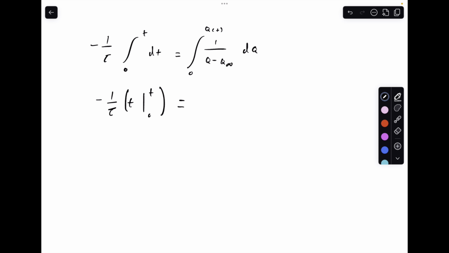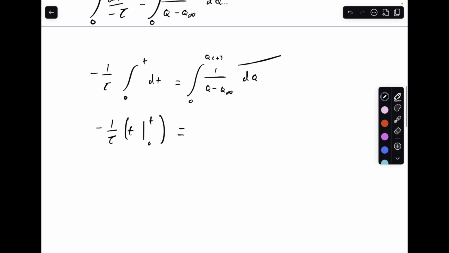And now on this right-hand side, we need to recognize that the integral of 1 over x minus a dx, where a is a constant, is equal to ln of x minus a, plus c because it's indefinite, but you get the point, right? Even on your equation sheet, you can see that if it's 1 over x minus a or x plus a, it'll be ln x minus or plus a, depending on if there's a minus or plus here.